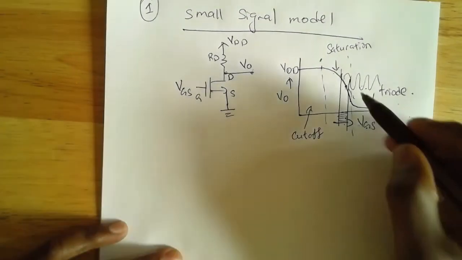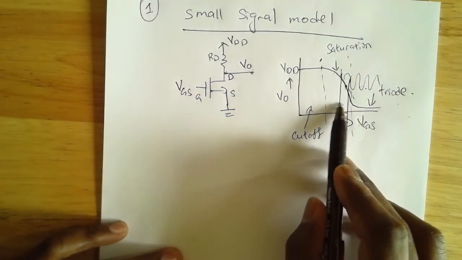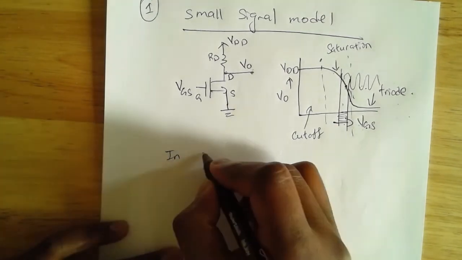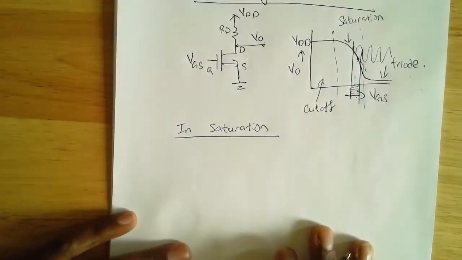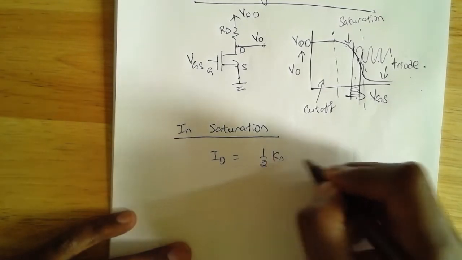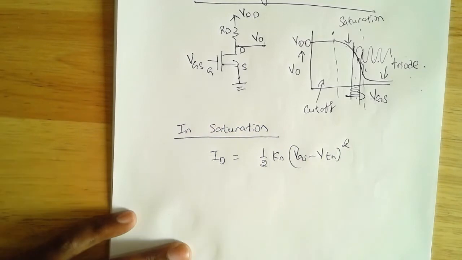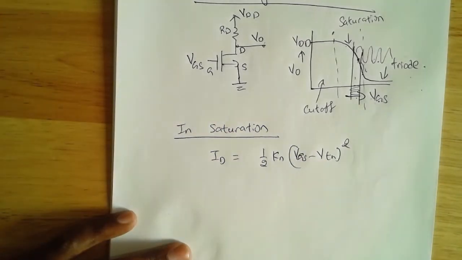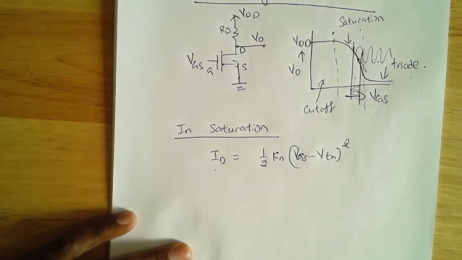If I want to make an amplifier, I want to place the MOSFET in the saturation region, and in saturation I have my saturation equation as ID is equal to half Kn times (VGS minus VTN) squared. This is VGS. I want to see how my ID changes for small changes in VGS.